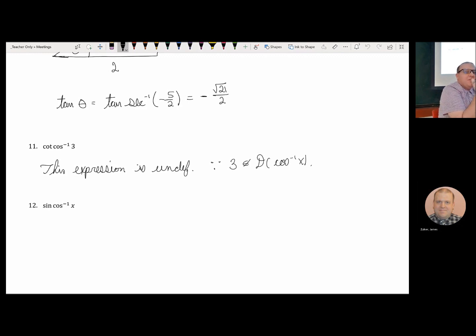I knew something like this was going to have to show up. Sine of the inverse cosine of x. First thing to note: range of inverse cosine is what?